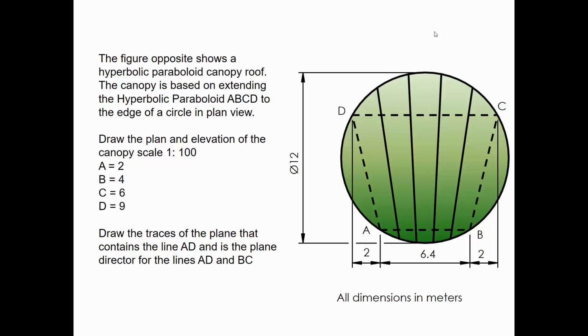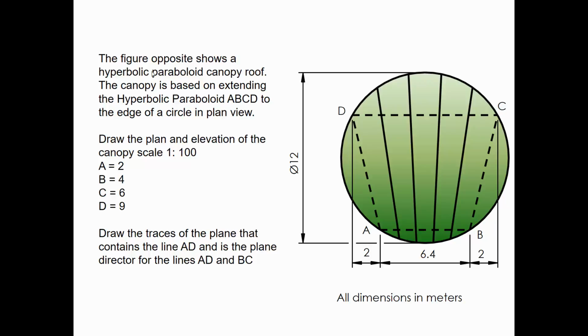The two things we want to look at are, one, extending the hyperbolic parabola onto a boundary surface, and the second thing is how to find the plane generator for the hyperbolic parabola. So if we look at this question here, we're going to first of all look at how to extend our surface, and we'll do a separate video on the plane director and really try to explain what's going on there.